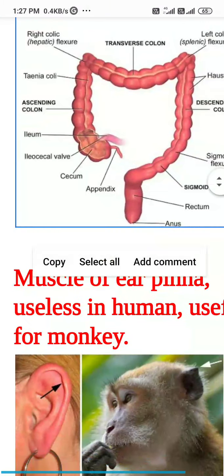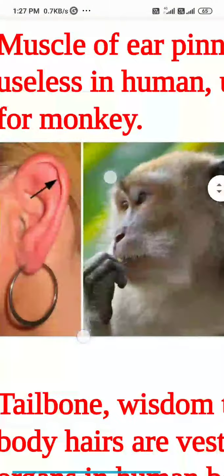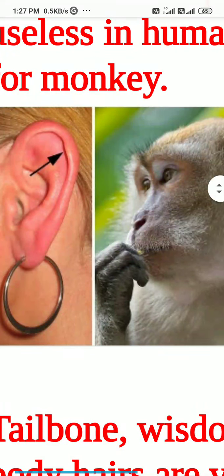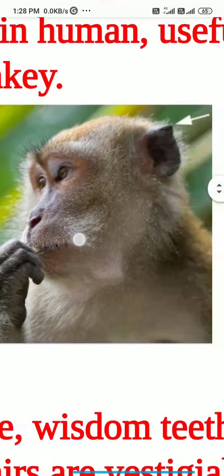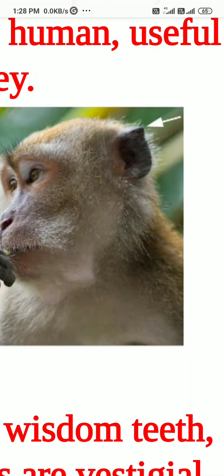Like this, observe this diagram. Here is the muscle of the ear pinna, you are observing, shown by arrow in human beings. Muscle of the ear pinna. You can also touch this muscle, but this muscle is useless now. That is a vestigial organ. But in monkey, this muscle is useful.